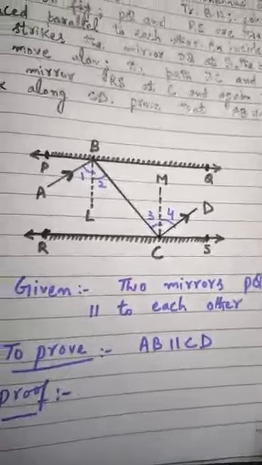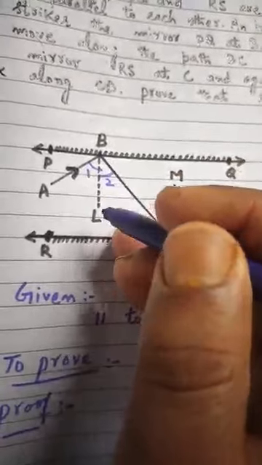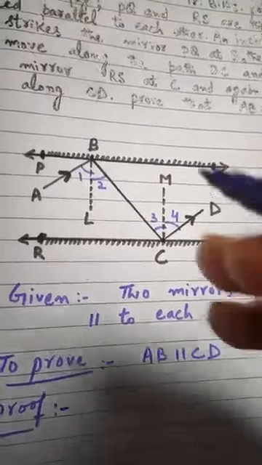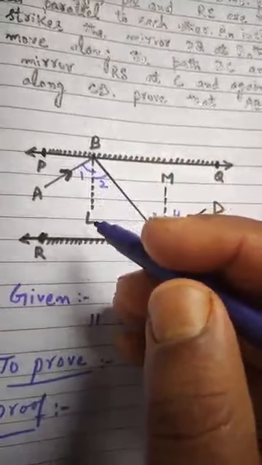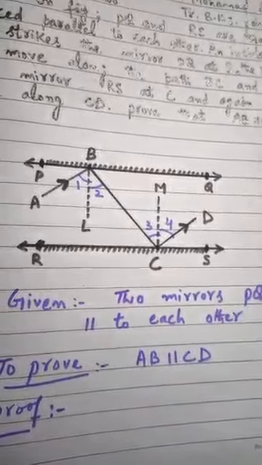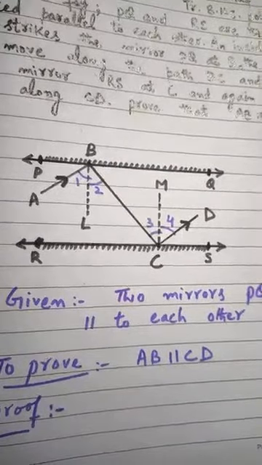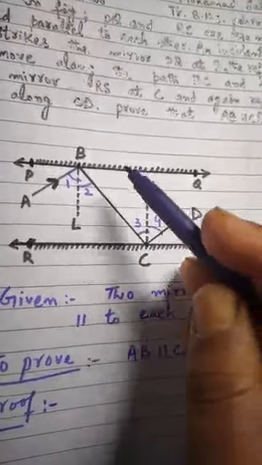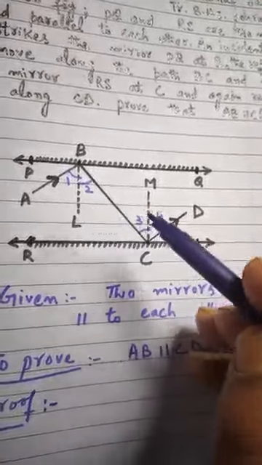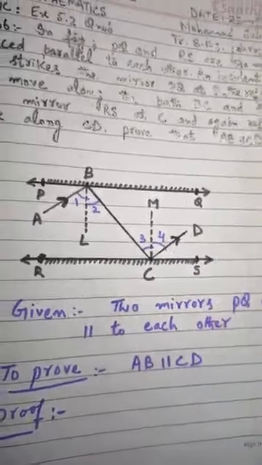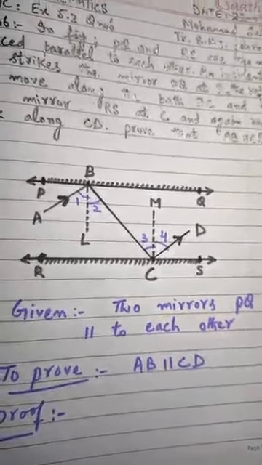And these are also parallel, because these are two distinct lines, BL and CM, perpendicular to the parallel lines. So these two lines, BL and CM, are also parallel.